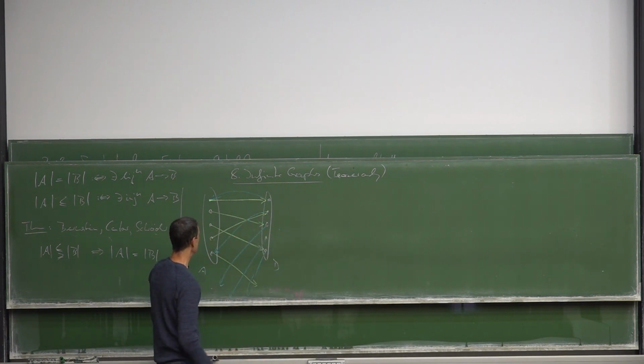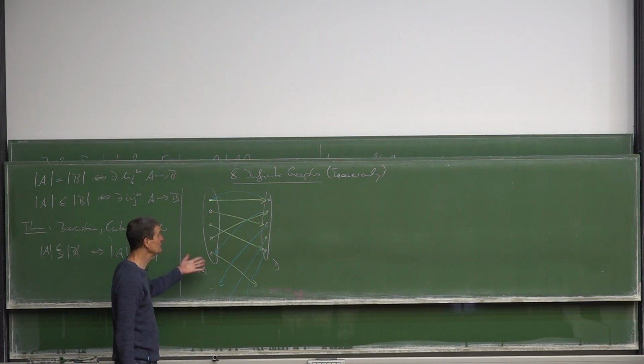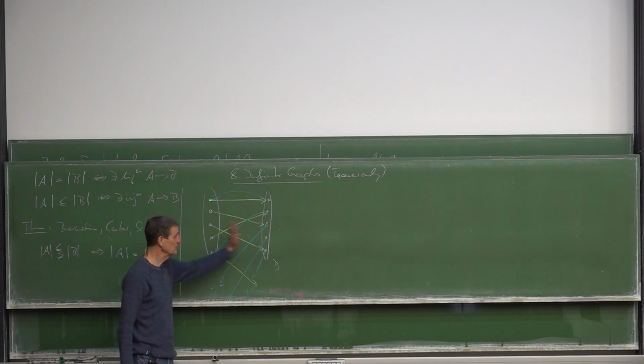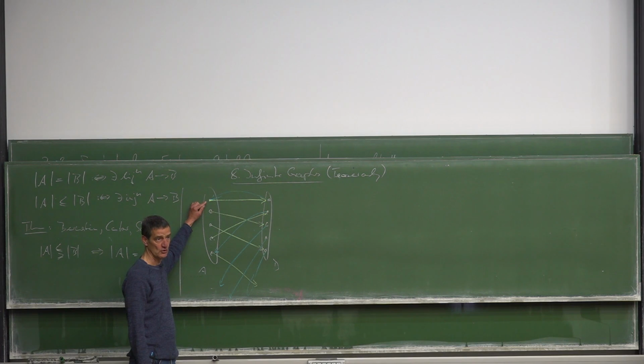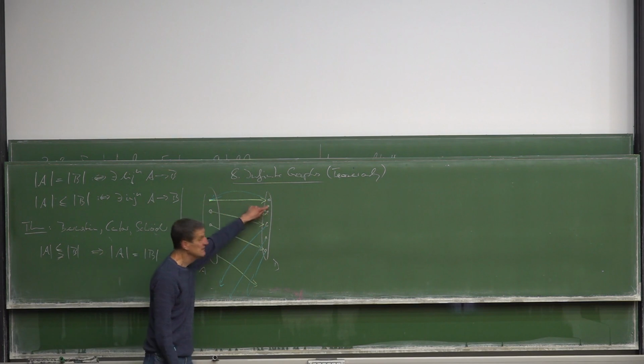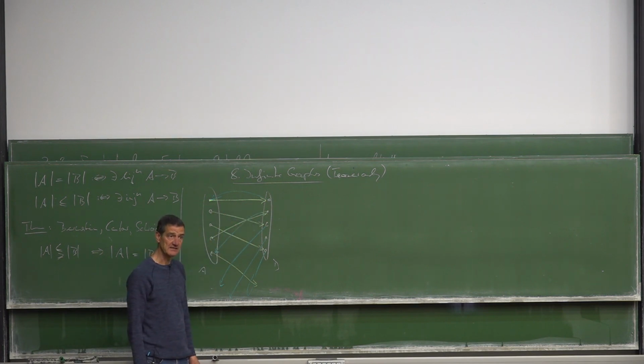Okay. And there's a simple little trick, and that is just to look at the graph defined on the vertex set A union B by these colored edges. And we observe that this graph has vertex degrees at most 2. So every vertex on the left in A sends a green edge to the right by courtesy of this green injective function.